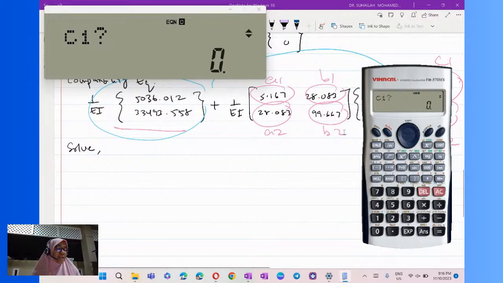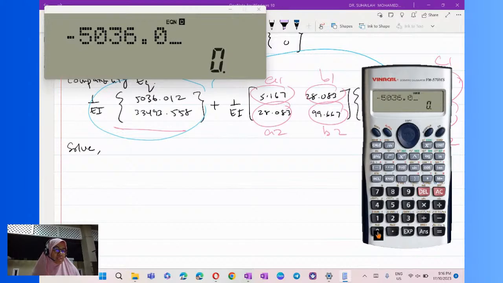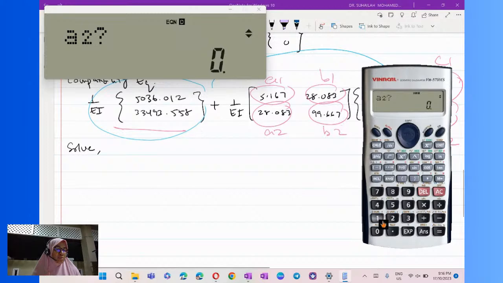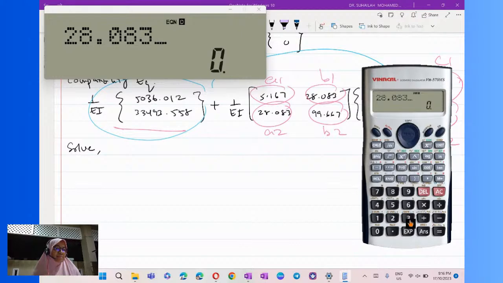And C1 is negative 5036.012. A2 is 28.083.